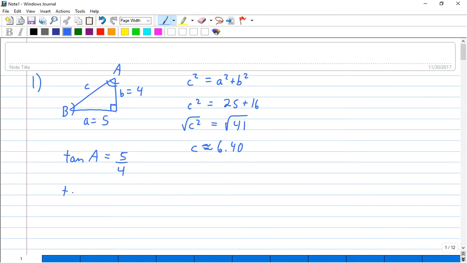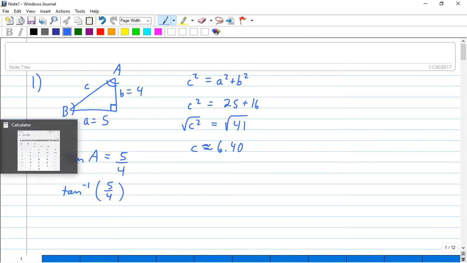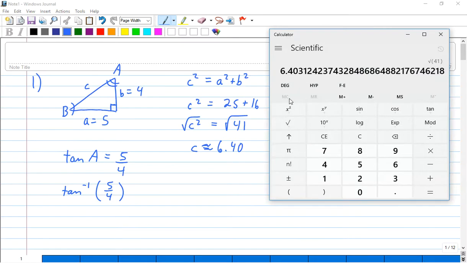And this is where you need to use the inverse trig function. So you'll say the inverse tangent of 5 over 4. So you need to make sure if all this is in degrees, then your calculator has to be in degrees. Alright, this one here is already. So let's say 5 divided by 4 equals, and then I'm going to do inverse tangent.